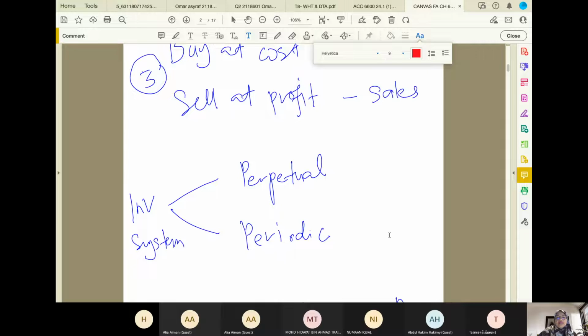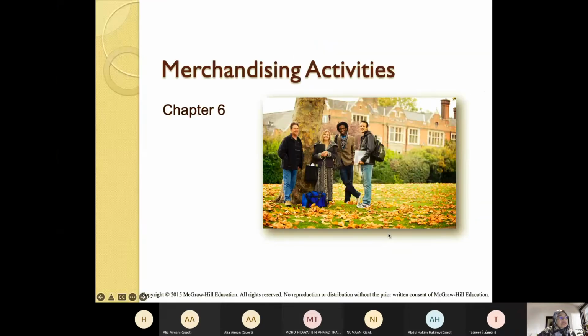And talking about inventory system, there are two types of inventory system. The first one is what we call perpetual inventory system. The other one is the periodic inventory system. Right. So can you see the slideshow now? Yes, madam.